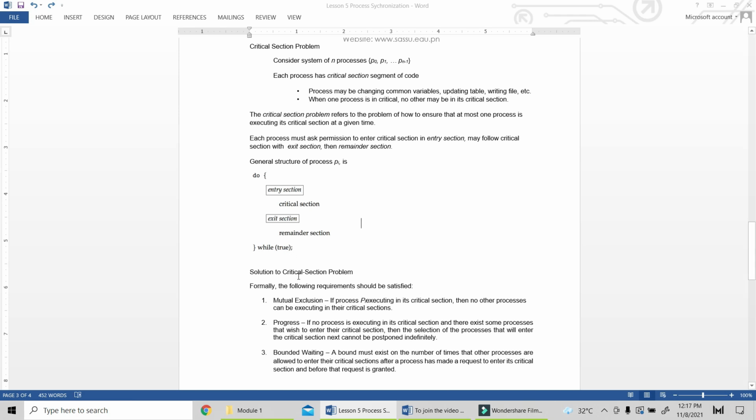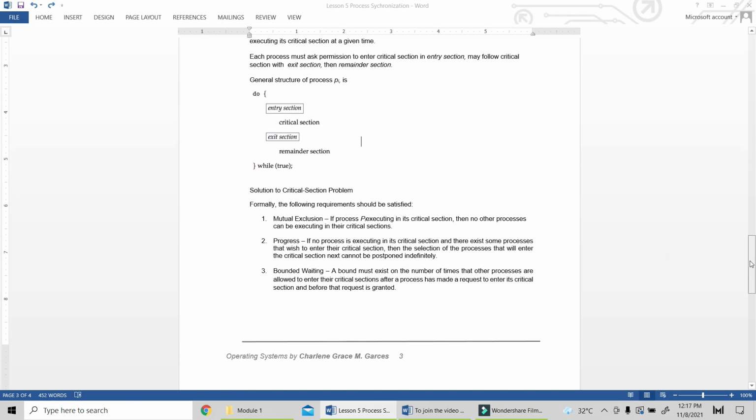Now, there are some solutions which must be satisfied in order for us to solve the critical section problem, wherein there are rules to be followed.